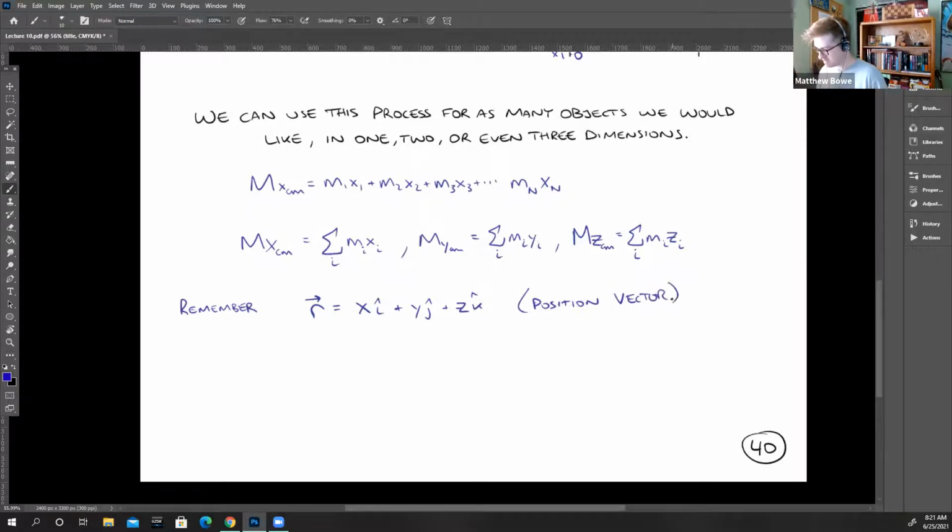So maybe you see where I'm going with this. I'm just going to write the same exact thing, but now dealing with 3 dimensions all combined together with this position vector. So we have, make more room. It's going to be like this.